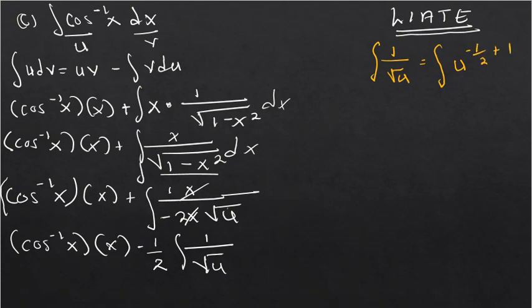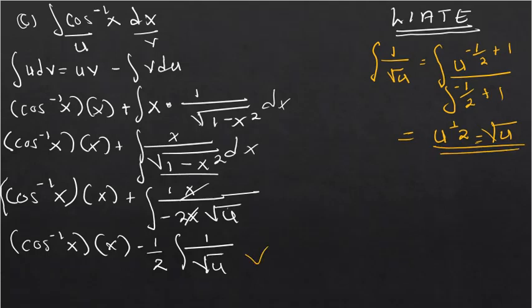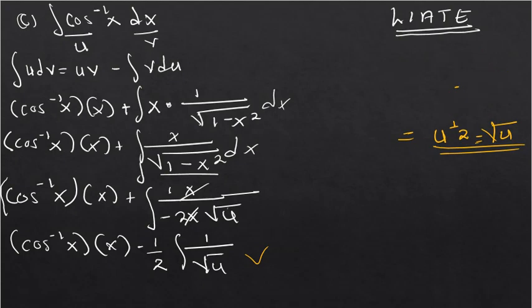And if you add 1, you're going to remain with just u power 1 over 2, which can also be written as square root of u. So we shall use this particular concept even here.